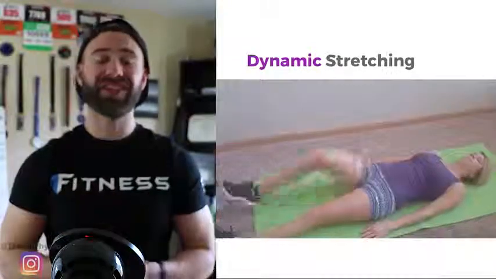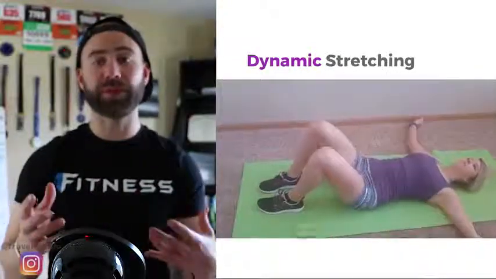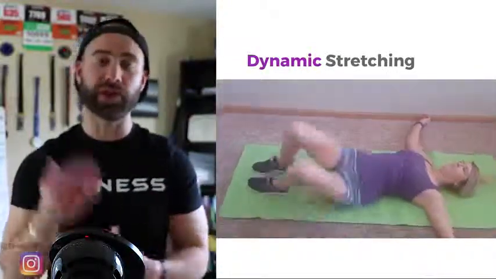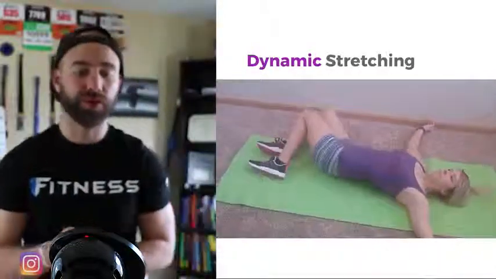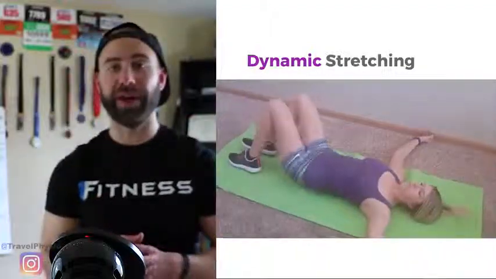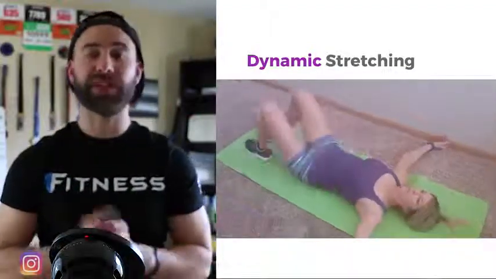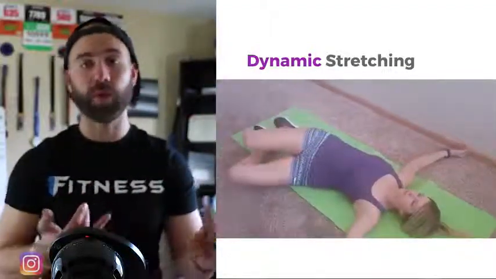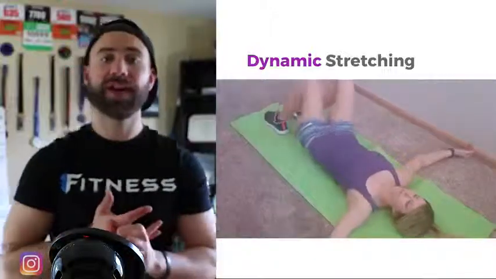A dynamic stretch is essentially where you're performing a stretch, but you're also doing a movement, okay? So as you can see in the picture, what you do is you take the muscle into a stretch, and then you're performing some kind of movement. Whether that's a movement that's going to prepare you specifically for a warm-up or for sport, or just a generalized full body movement that's going to prepare you for something like running, working out, even to prepare you for stretching. It's a great way to warm up pre-stretching. So I'll get into that in a little bit.